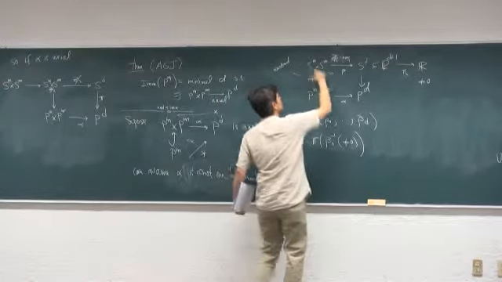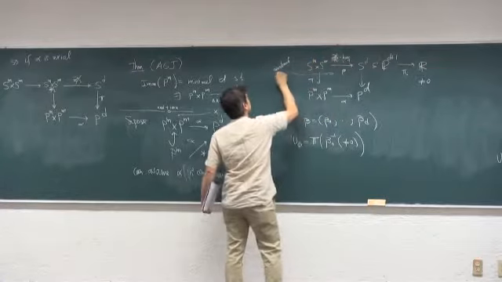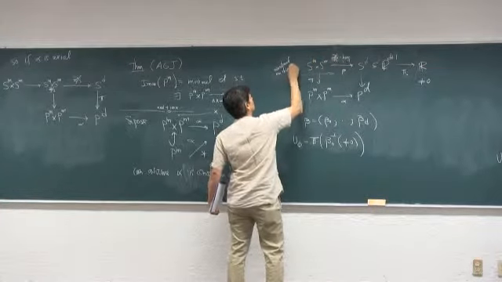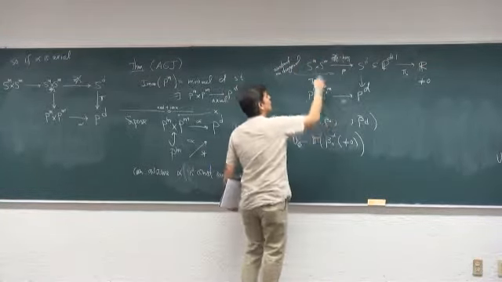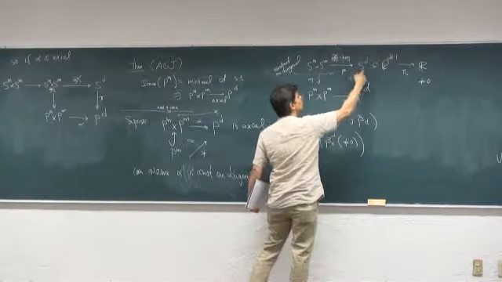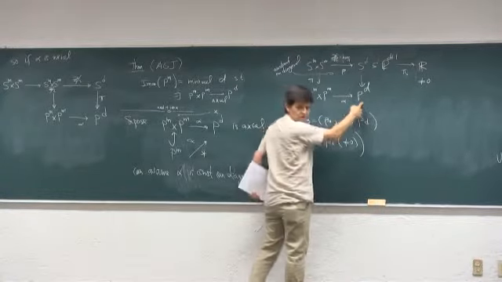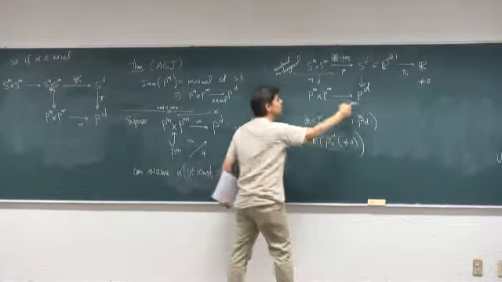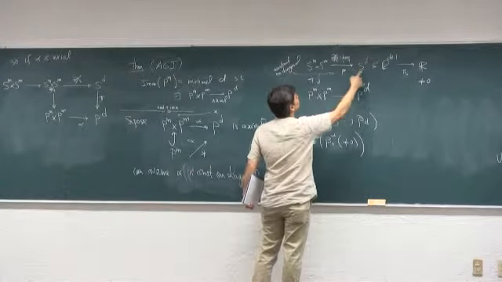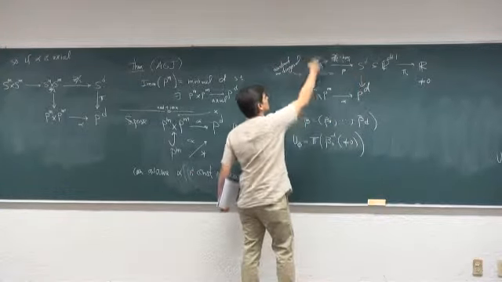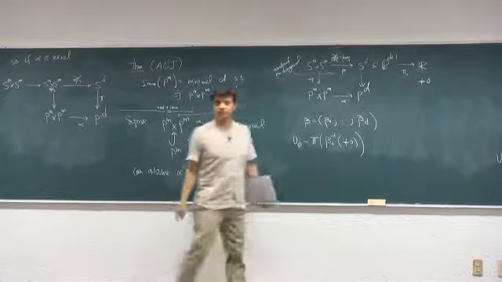Namely, it's constant on the diagonal, because the diagonal here will go to the couple of points where this is constant, and this is connected, so it has to go to one single point.